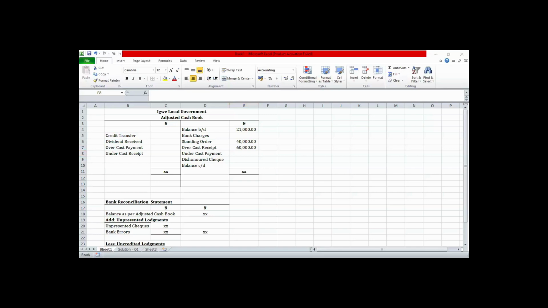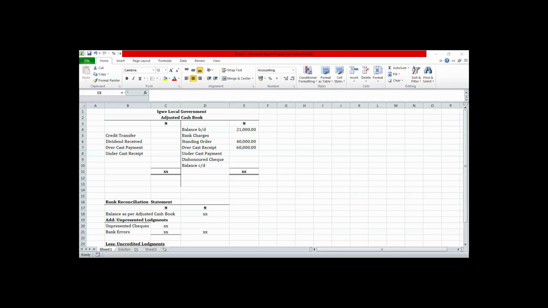130,000 naira drawn from the deposit account had been shown in the cash book as withdrawal from the current account. What type of error is that?